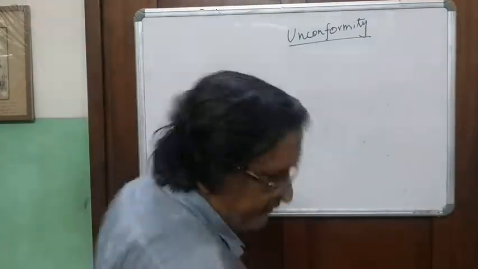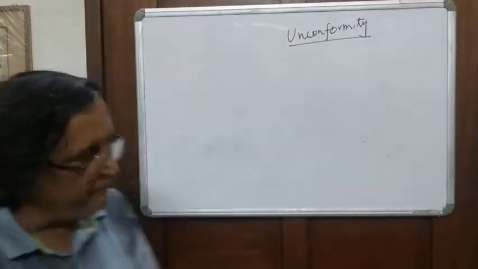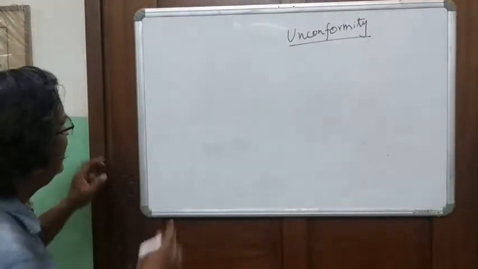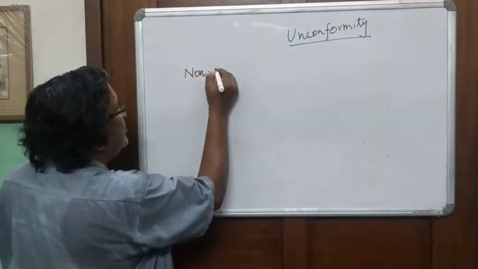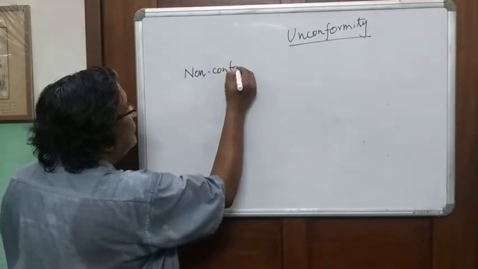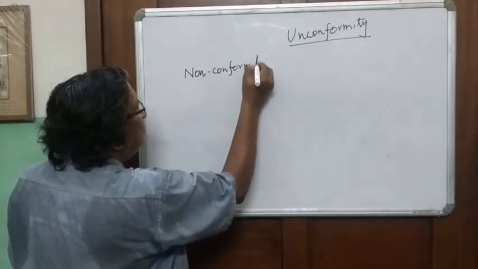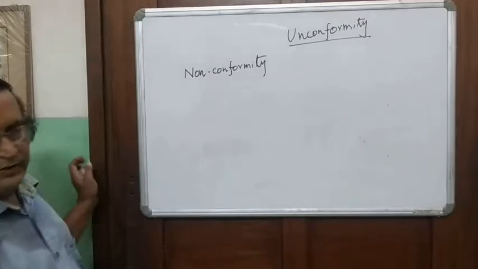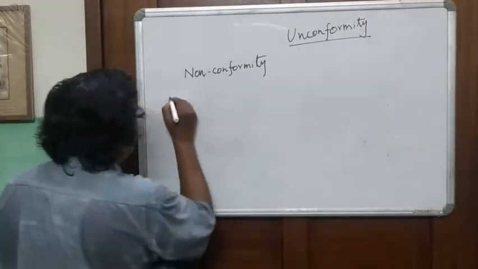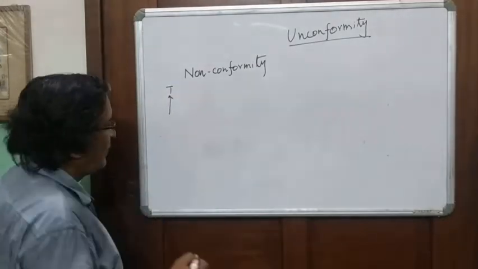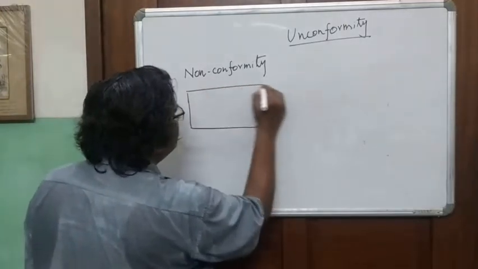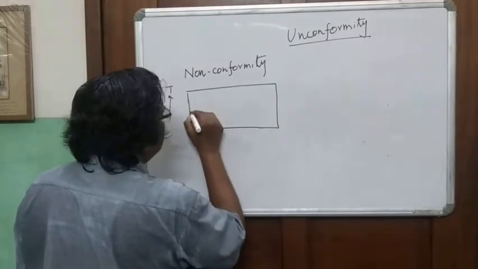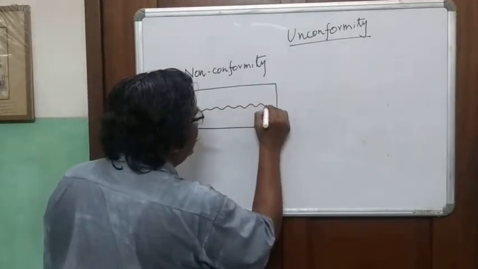Now, there are different types of unconformity, and I will tell you them briefly. There is something called non-conformity. In a non-conformity, you have a situation where unconformity planes are given by a wavy line.